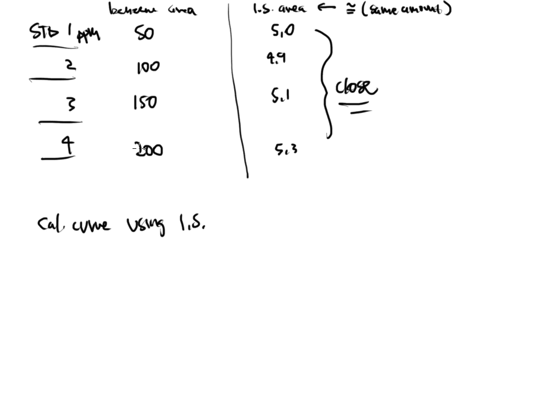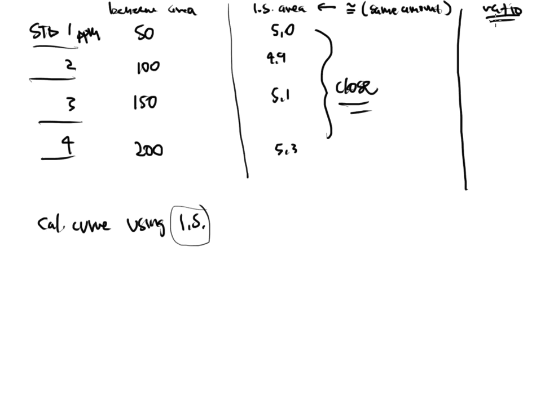So how do I incorporate the internal standard when I make my calibration curve? How do I solve for these little weird things that might happen throughout my analysis? Well, I'm going to create a third column over here. And this third column is what I'm going to call the ratio.